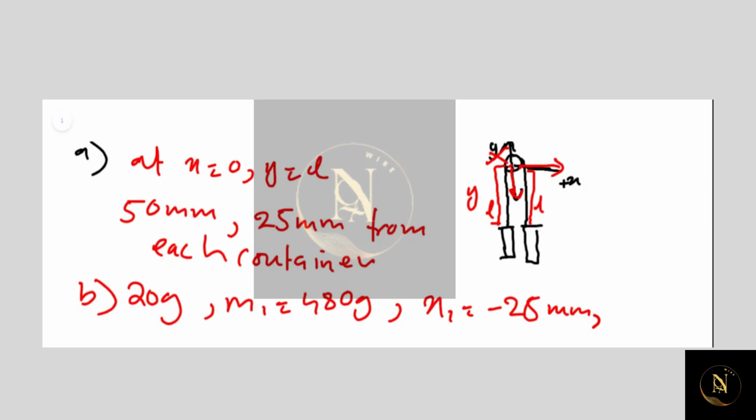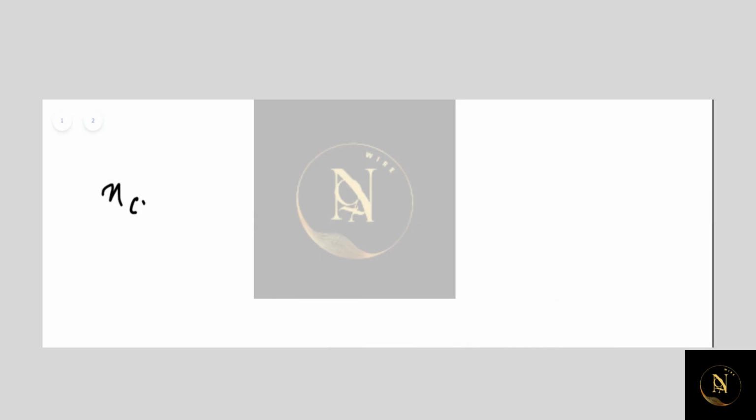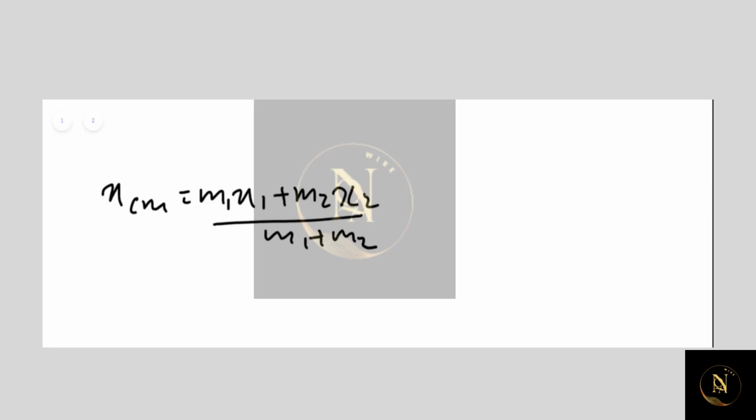The container on the right has mass m2, which is 520 gram, at x2 equal to plus 25 millimeter. The coordinate of the center of the mass is then x center of mass equal to m1 x1 plus m2 x2 divided by m1 plus m2.